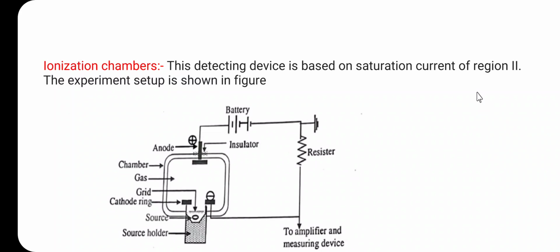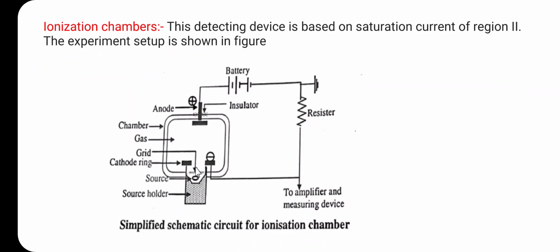This detecting device is based on the saturation current of region 2, and the experimental setup is shown in the diagram. This is a source holder, and this is a source. Then this is a cathode ring. The cathode ring acts as one electrode, while this is the grid. Then this is the chamber, and inside the chamber the gas is taken.